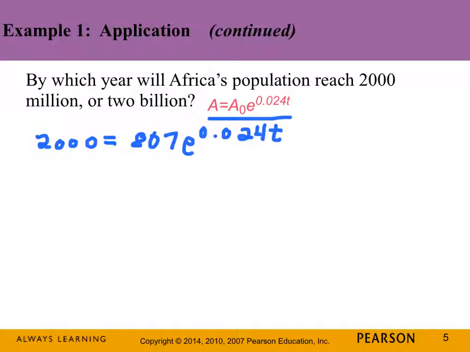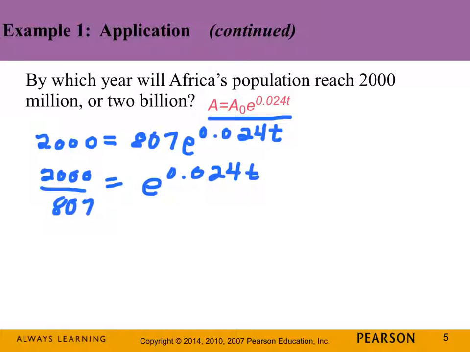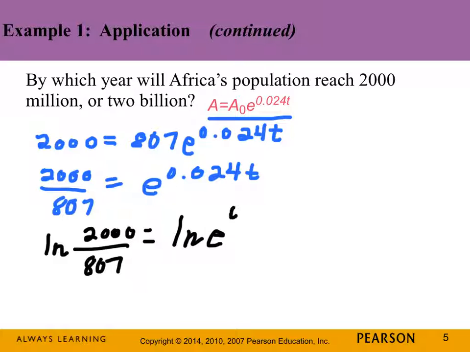So now divide both sides by the 807. We'll have 2,000 over 807 equals e raised to the 0.024 times t power. And hopefully you see now, to isolate the t, first we need to take the natural log of both sides. So the natural log of 2,000 over 807 equals the natural log of e to the 0.024t power.